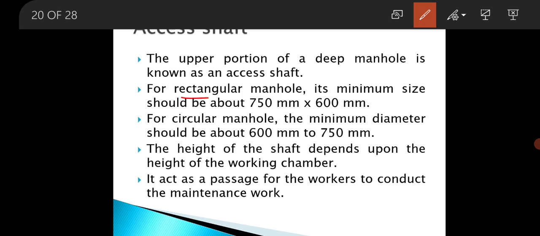For rectangular manhole, the minimum size of this should be 750 mm by 600 mm, and for circular manhole the diameter should be about 600 mm to 750 mm, and its depth depends on the depth of the manhole and the height required for working chamber.